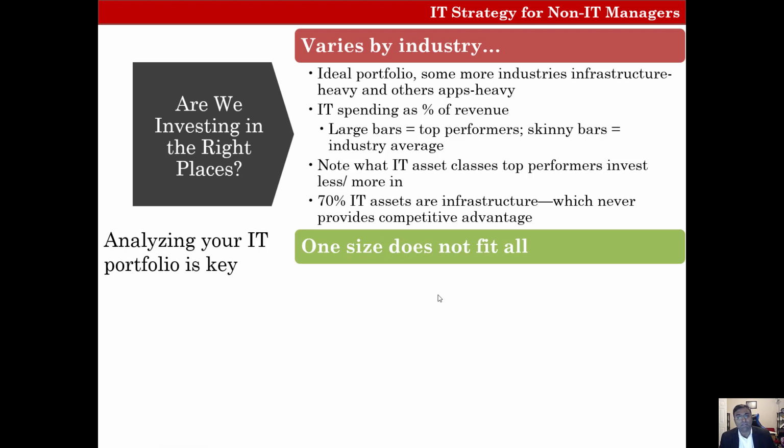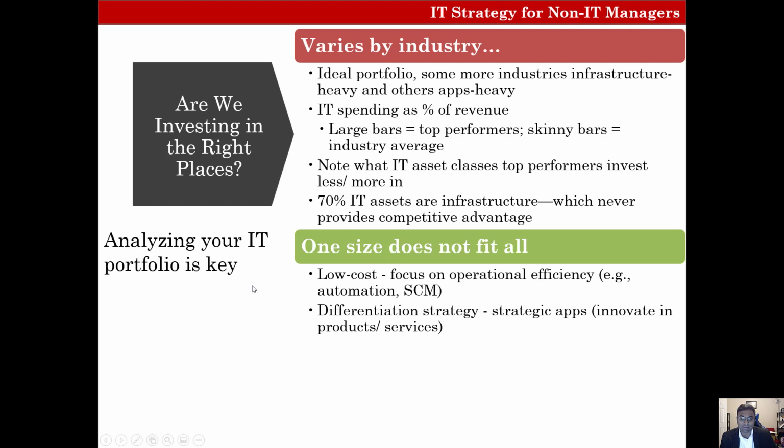We'll look at IT spending as a percentage of revenue in different industries, and look at the difference between what top performers invest and what the average investments are. Close to 70% of IT assets is in infrastructure, which never provides competitive advantage. However, you need to have your infrastructure in place before you can start using your other assets.